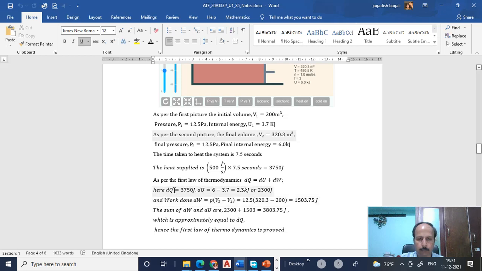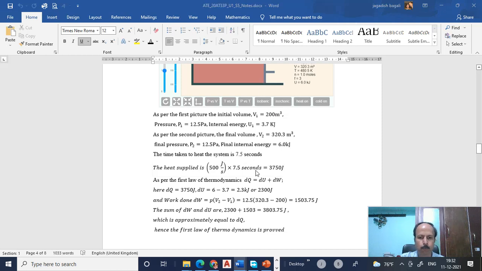The time taken to heat the system is 7.5 seconds. The heat supplied during these 7.5 seconds is 500 joules per second, which is fixed, into 7.5 seconds. Seconds get cancelled. You get only joules. If you multiply these, it will be 3,750 joules. This much heat was supplied during 7.5 seconds of heating of the system.